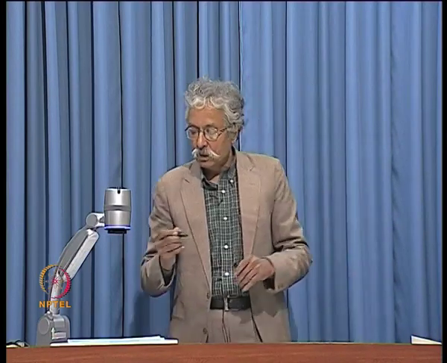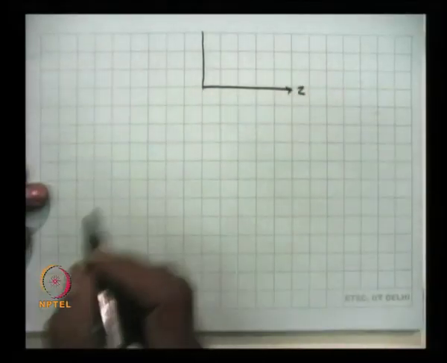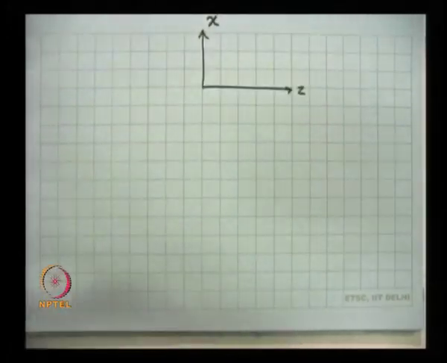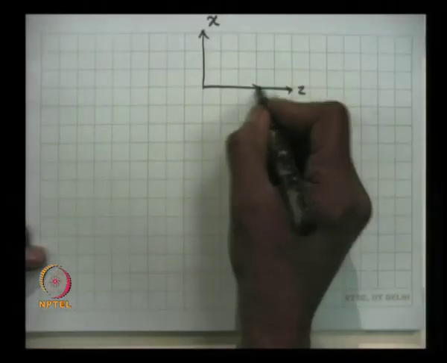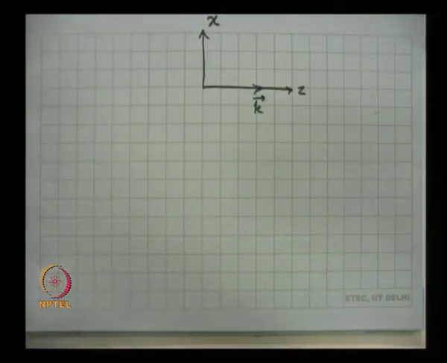So, as an example, first one we looked at is if I propagate along the z axis. Now, let us also recall that the x y z axis we are looking at is a principal axis system in which the epsilon tensor is diagonal. Off diagonal elements are 0 in this coordinate system. So, if my propagation direction is k along the z direction, we got two solutions.